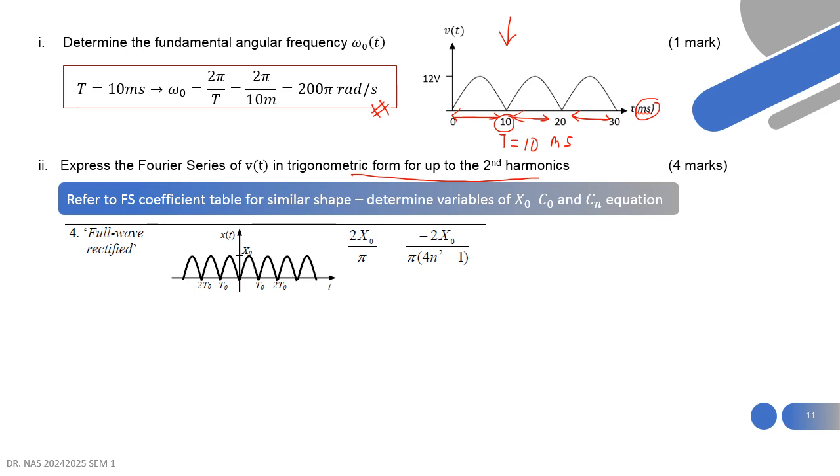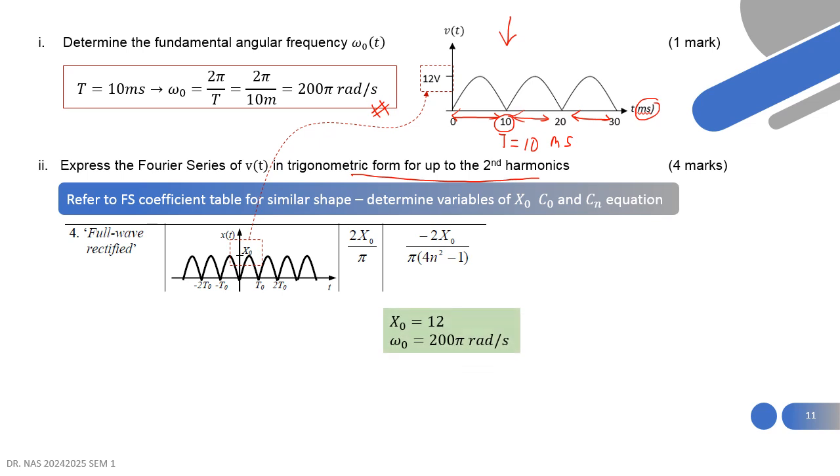So this is the closest shape. Again, as earlier example, it is full wave rectified signal. So you can get the x0 and t0 value straight away by comparing the given signal and the signal in the table. So in this case, your x0 equal to 12 volt, and then your t0 is equal to 10 millisecond.